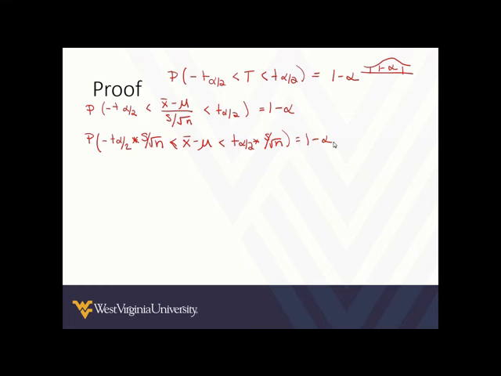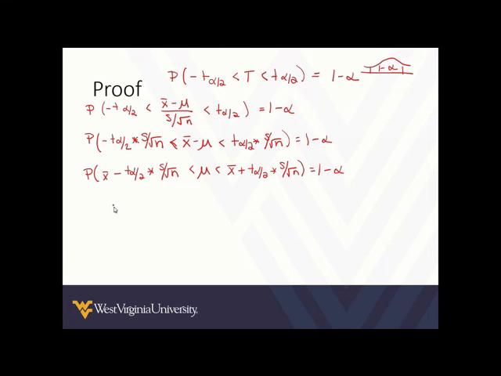And then isolating our mu, this would give us a probability of our sample mean minus t alpha over 2 multiplied by s divided by the square root of n is less than mu, which is less than our sample mean plus t alpha over 2 multiplied by s divided by the square root of n, which equals our area of 1 minus alpha.